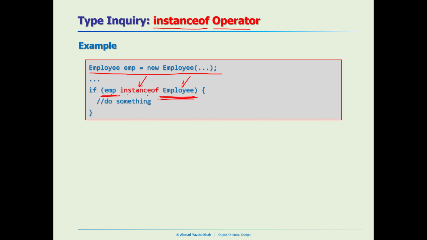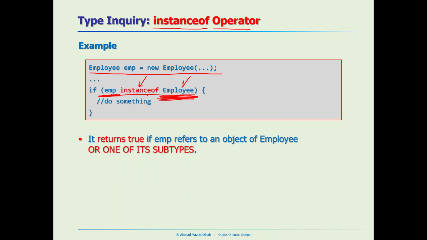Just look at this. We mentioned the class here. All right. So this comparison, this if statement, returns true if the employee variable is really an instance of the Employee class or its subclasses.